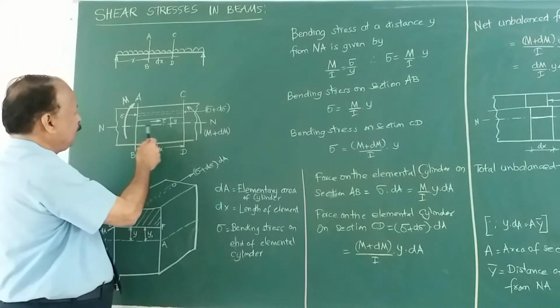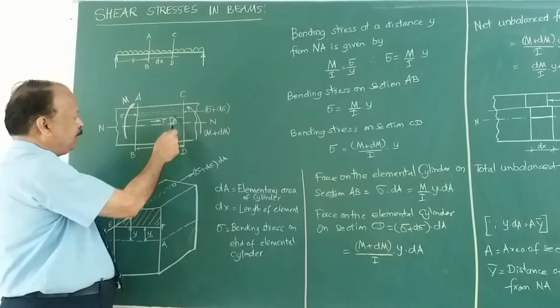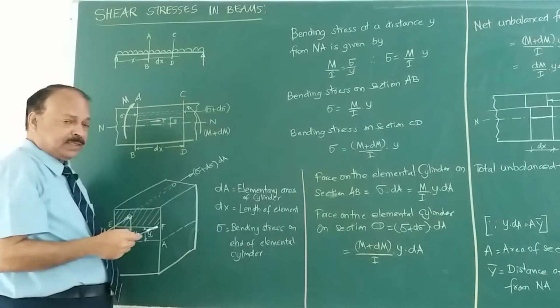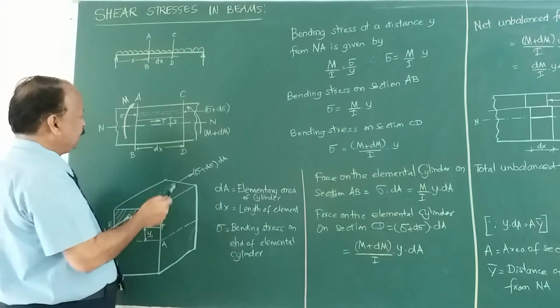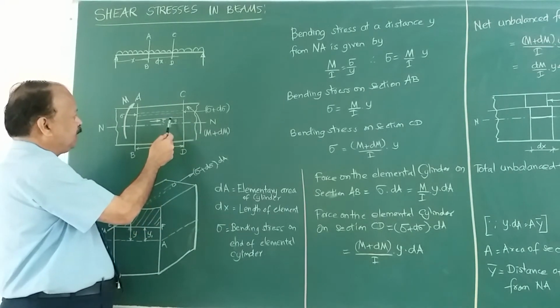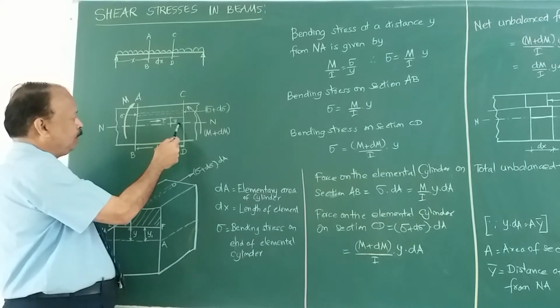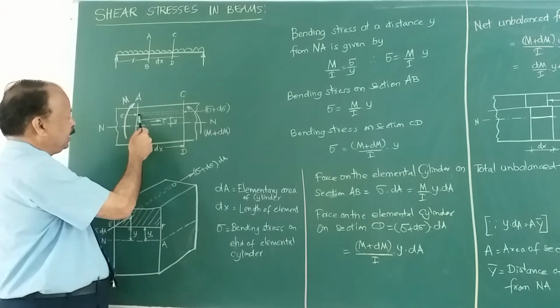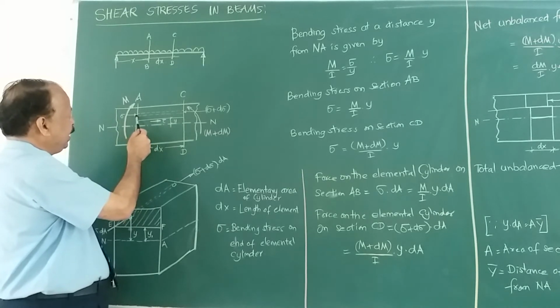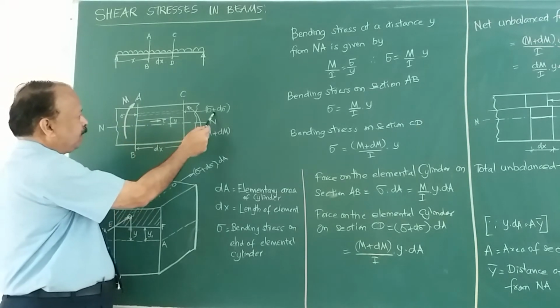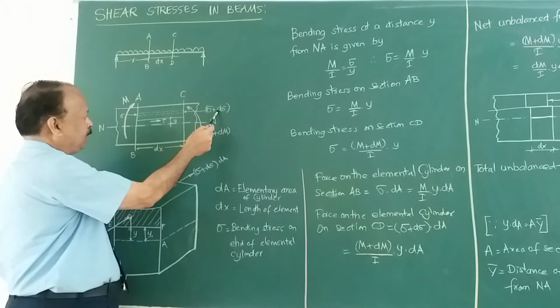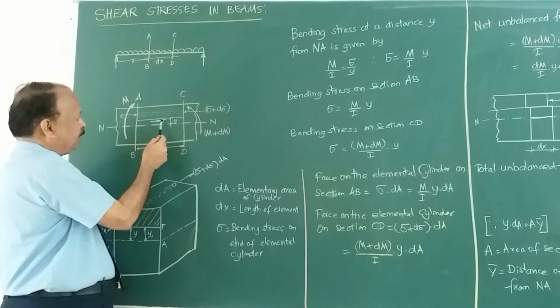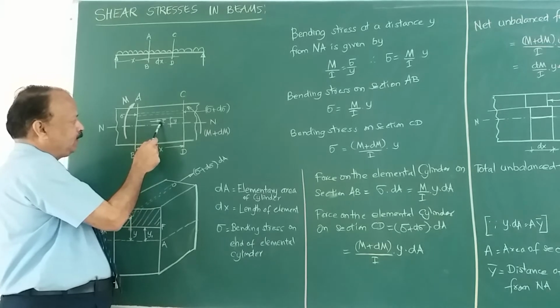This is the neutral layer, where the beam experiences neither compression nor tension, and a layer is considered at a distance y from the neutral axis. Then a thin elemental cylinder is considered, where here the bending stress will be sigma, here the bending stress will be sigma plus d sigma, and at this level shear stress tau is acting.